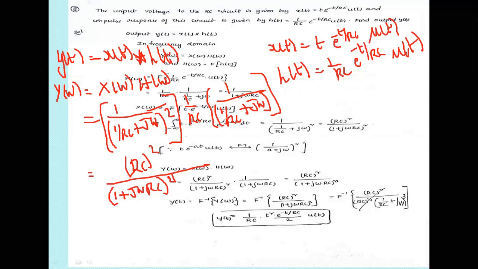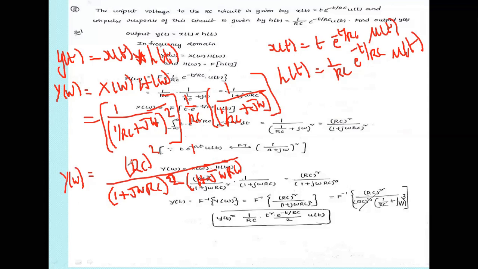And here the 1 by RC is there, RC gets cancelled. And another term here, the 1 plus j omega RC is the final term. Here the square term is there, it is one total function.